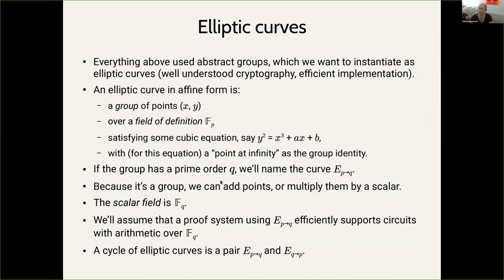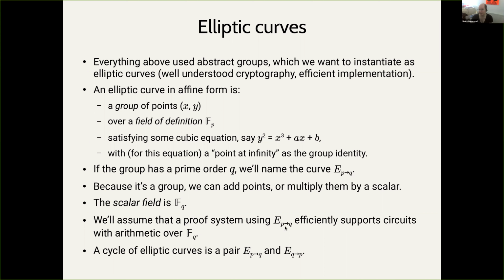Okay, so a bit of notation here. If we're defining a curve over FP and it has order Q, then we'll write that as EP arrow Q. So this is a group of points, so we can add them, we can multiply them by a scalar, and the scalar is going to be in FQ.